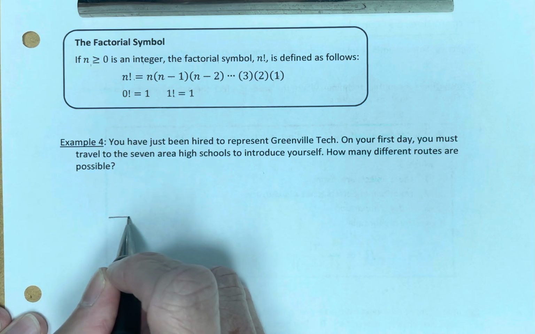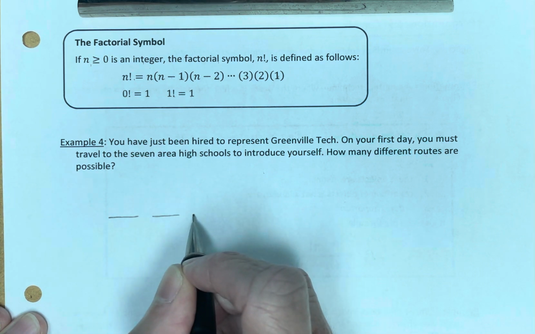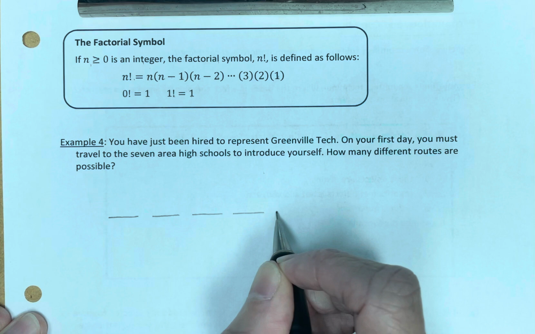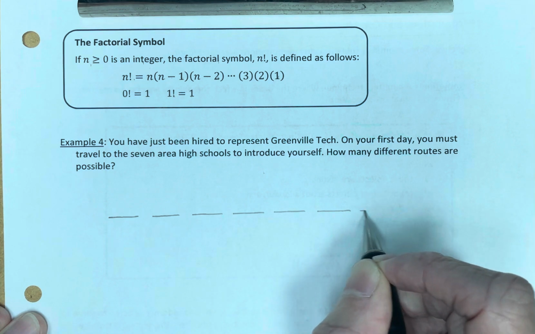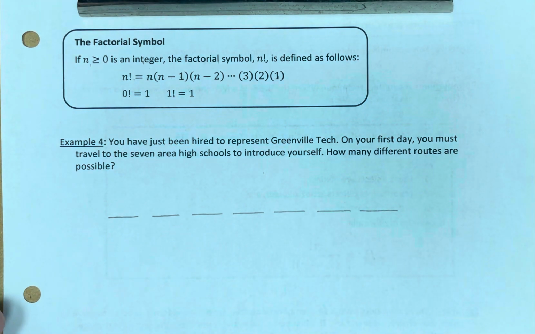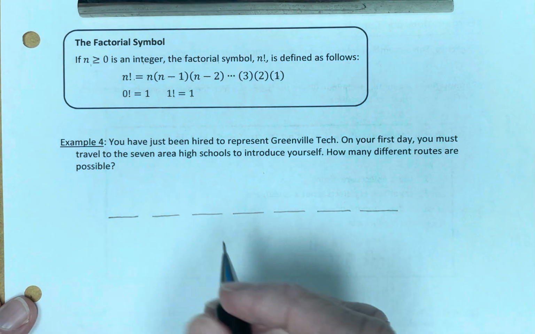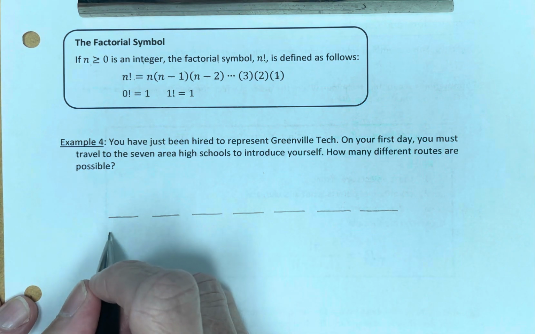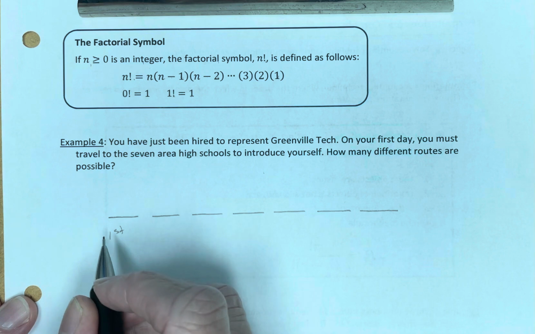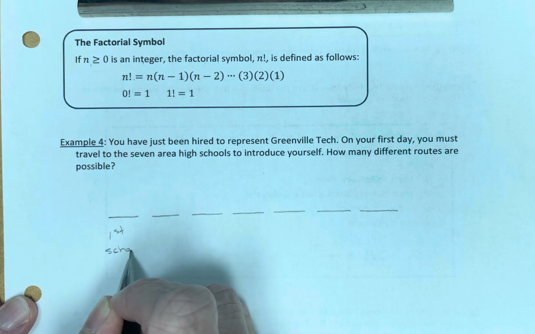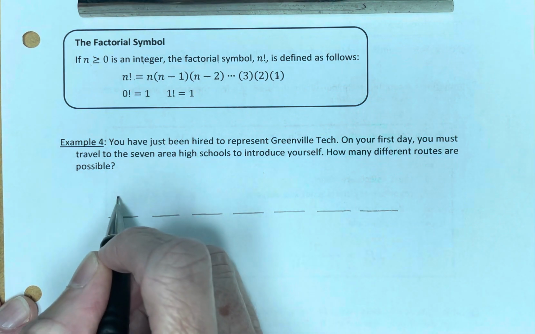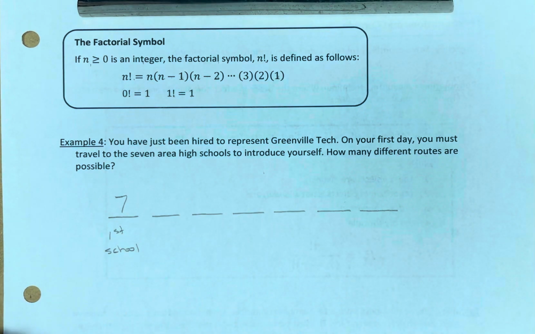So we got 7 lines. 1, 2, 3, 4, 5, 6, 7. Okay. Your first high school, there are 7 choices. Okay, so this is your first school. All right, there are 7 choices of that first school you go to.